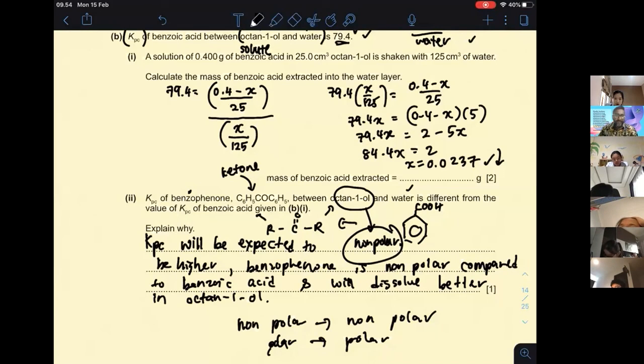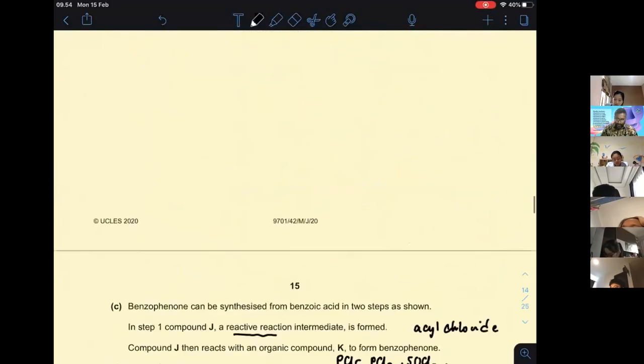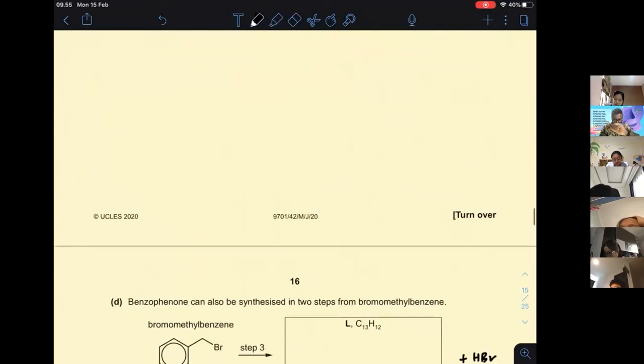Okay, that's going to be the answer. It will dissolve better in octan-1-ol. That's why the KPC is higher. Yeah. Now next, hold on.